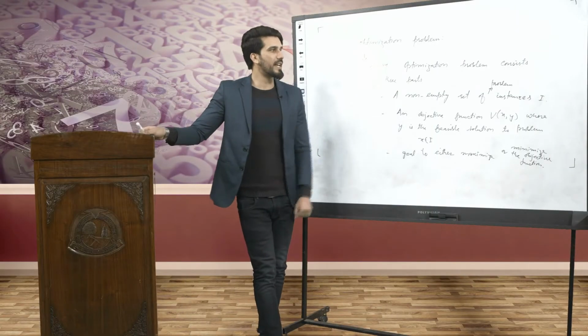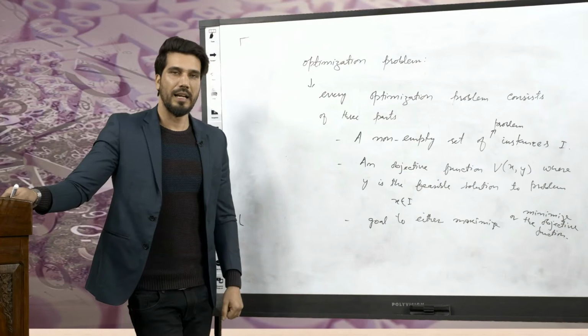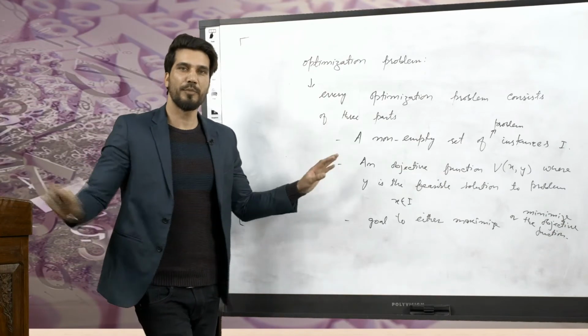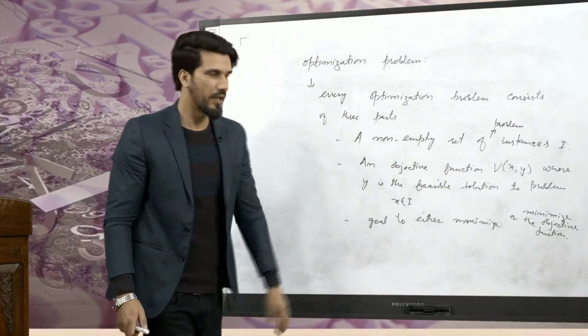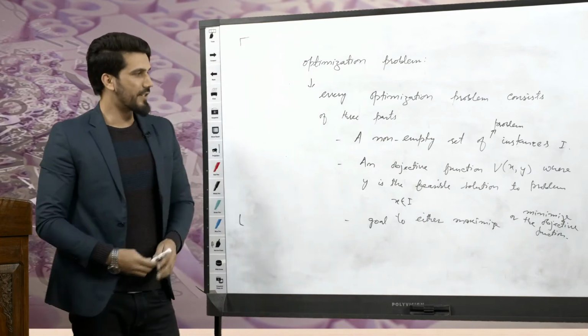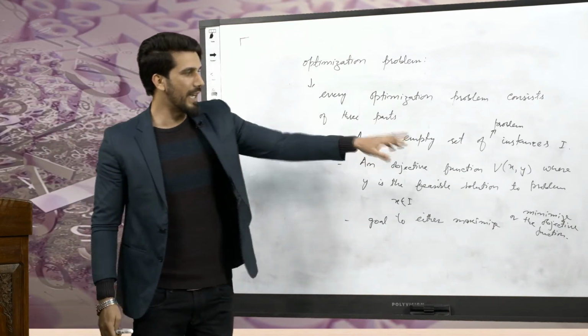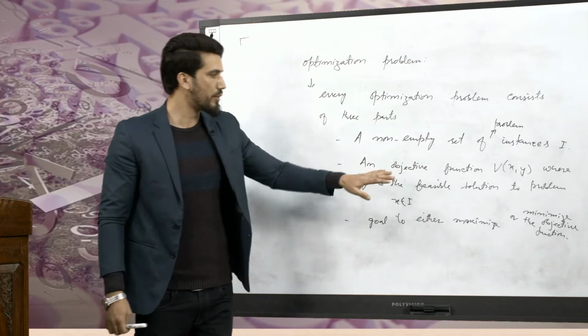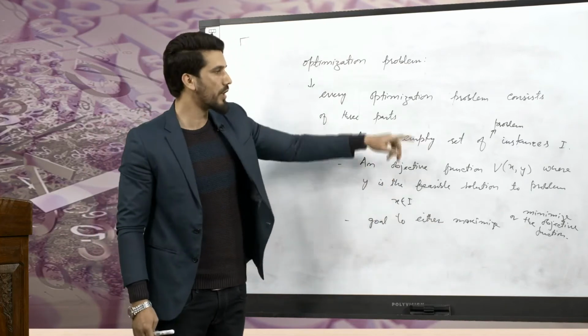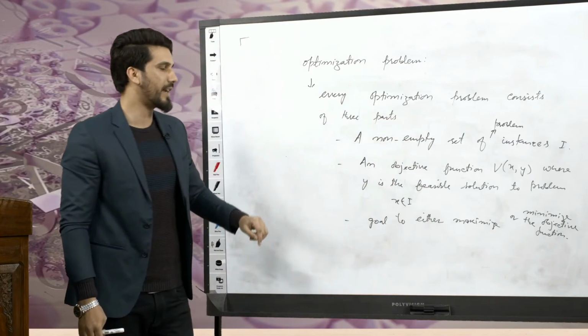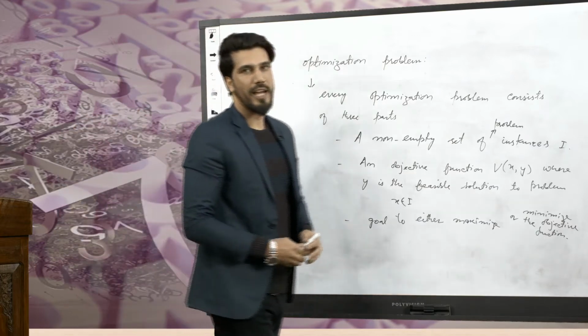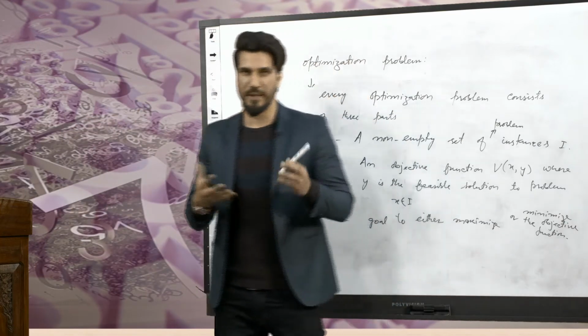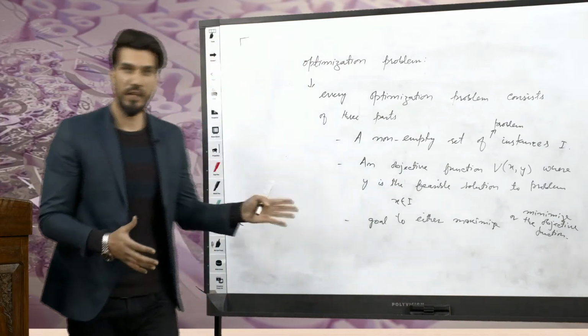A non-empty set of problem instances I. Our optimization problem can have many instances. And an objective function of the form v(x, y), where y is the feasible solution to problem x, which belongs again to the problem instance set I, and a goal where we have to either minimize the cost or maximize the profit.